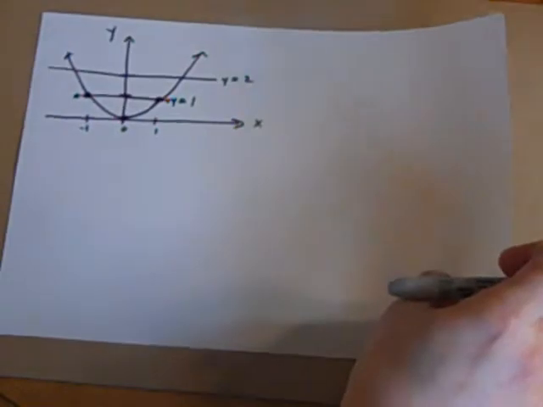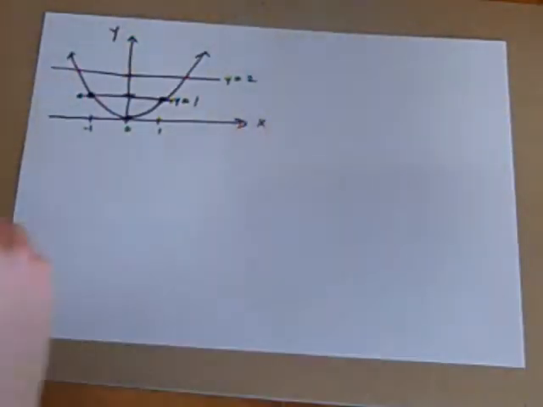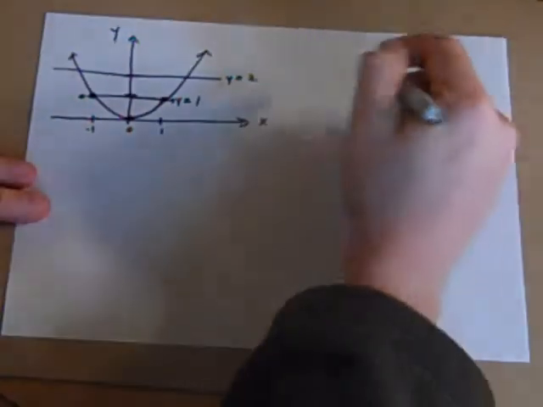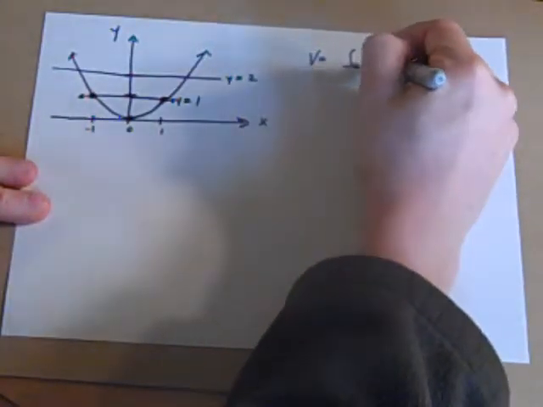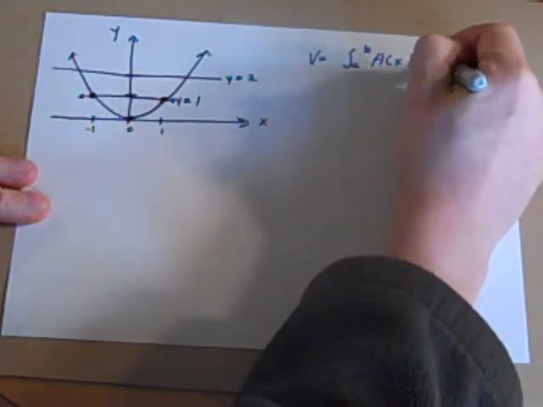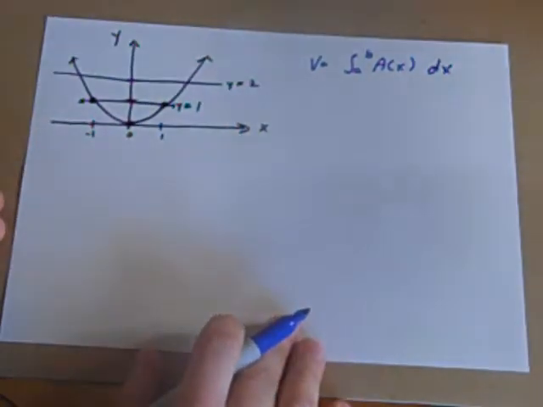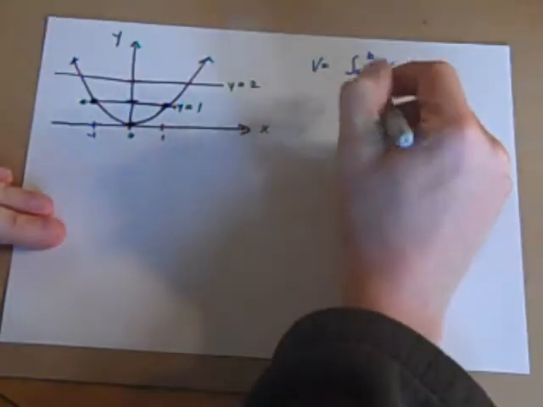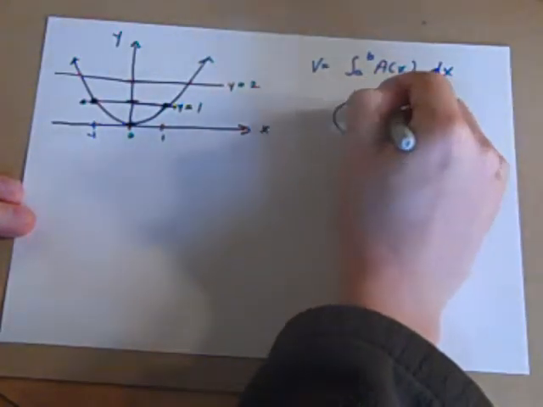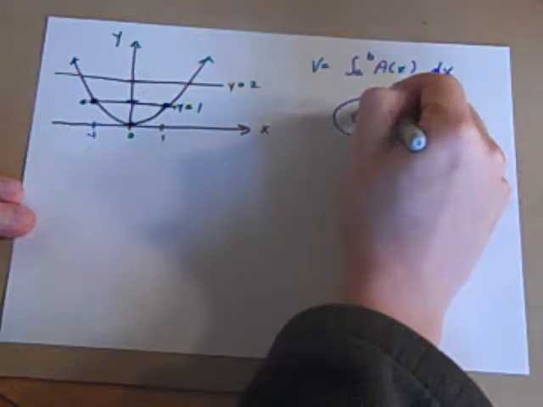So I have the graph of the function here, and then there's the region we discussed, and we know that the volume is going to be from a to b of the cross-sectional area dx. Razor thin sections, washers around. And when I draw the washer, it's going to look like this.